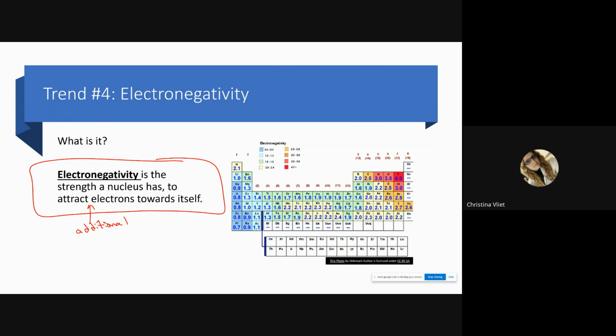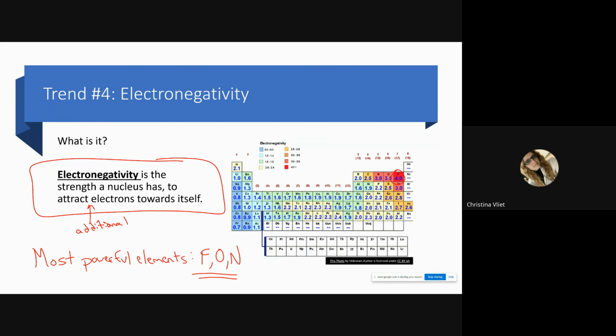And you'll notice at the top corner, fluorine is the most powerful. And it actually is kind of in this order. The most powerful elements, meaning the ones that can attract electrons the most, are fluorine, oxygen, and nitrogen in that specific order. They're all in period 2 because that's the smallest.